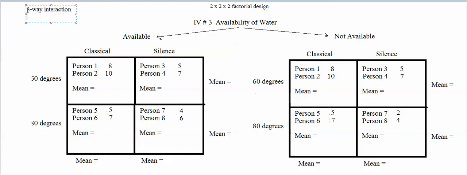And what is this? It is a result in which the interaction changes across the levels of the third independent variable.